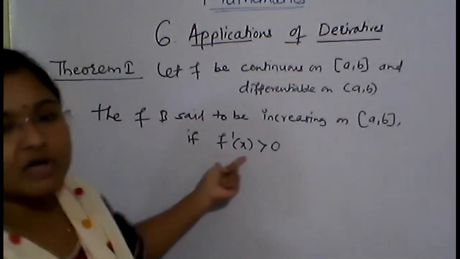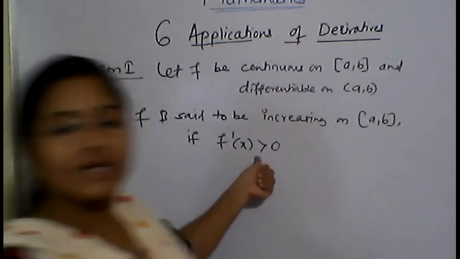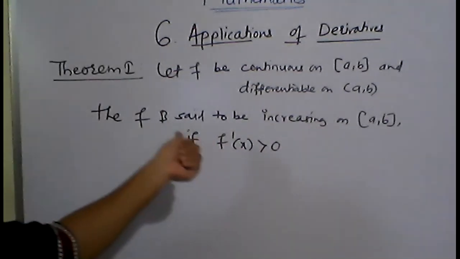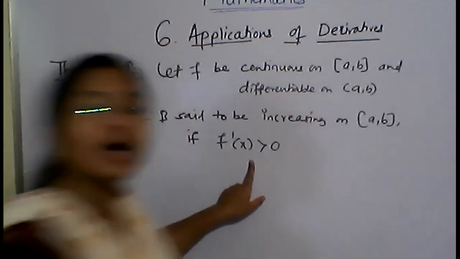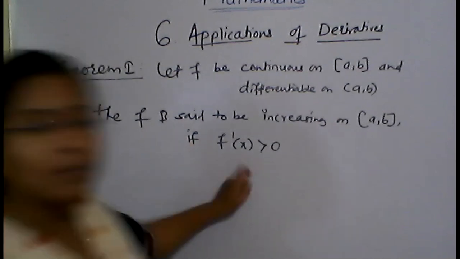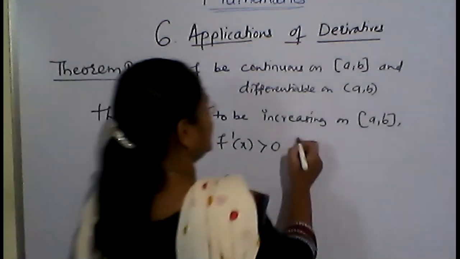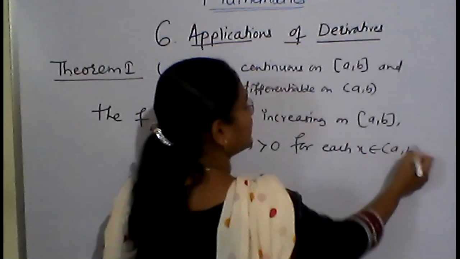If f dash of x, meaning the derivative of the function, is strictly greater than 0 for each x belongs to the open interval AB.